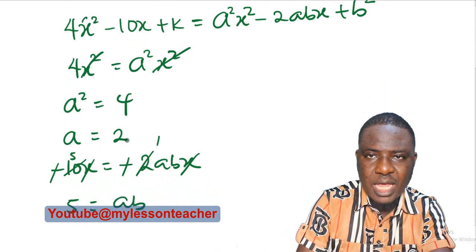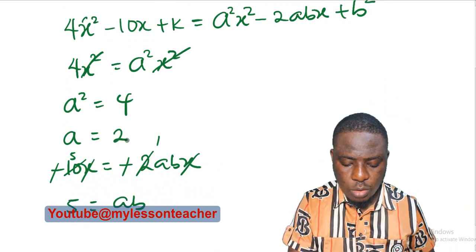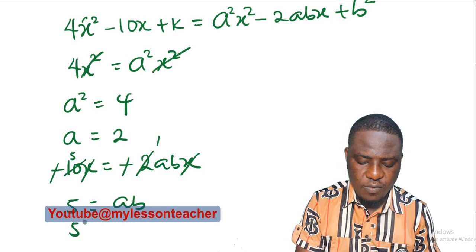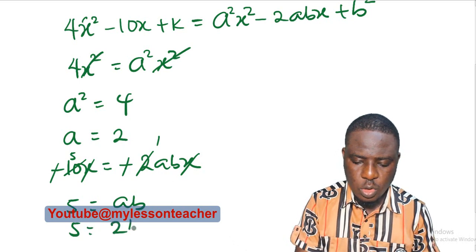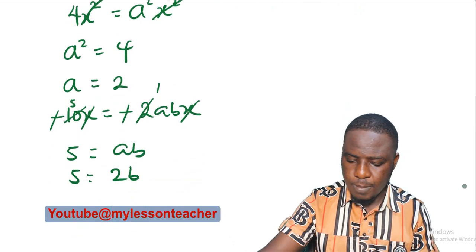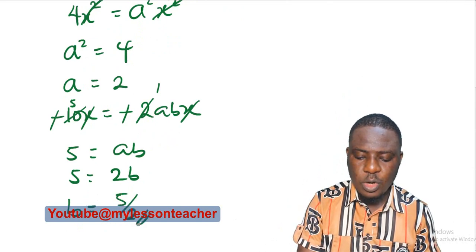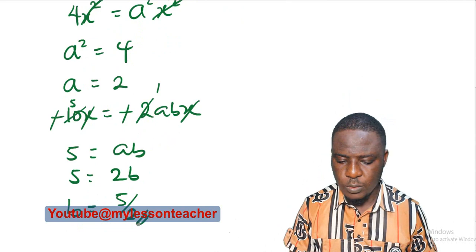But we have it that a is 2. So substituting 2 for a, we have 5 equal to 2b. And that means b is 5 over 2 when you divide both sides by 2.